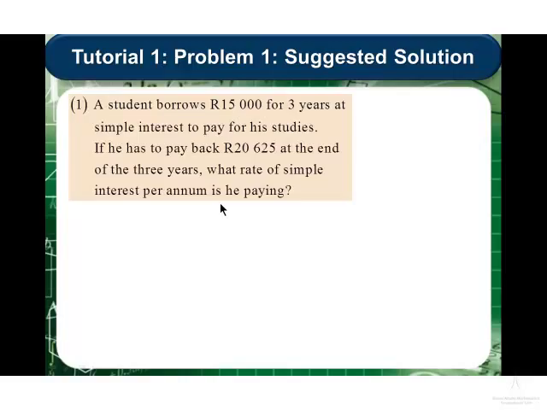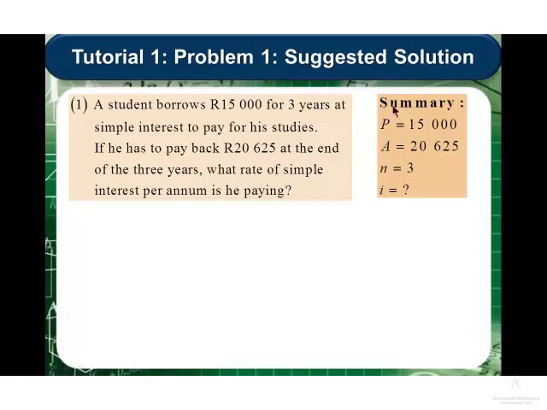Let us have a look at the suggested solution for problem 1 of tutorial 1. Here we have the problem once more, and let's start by summarizing the relevant information that will enable us to solve this problem. Always a good idea to have a good look at what you have available before you actually think of the strategy or the formula that may apply in order to solve the problem.